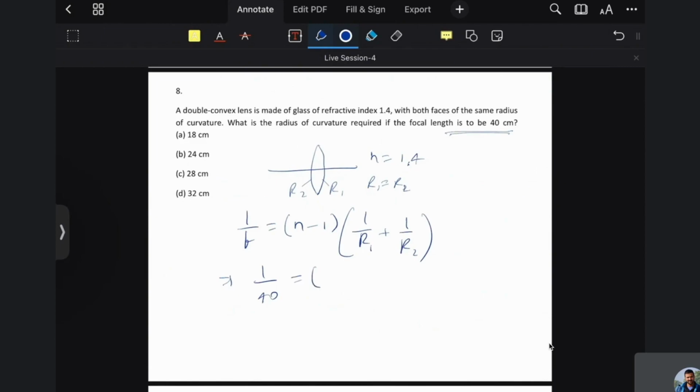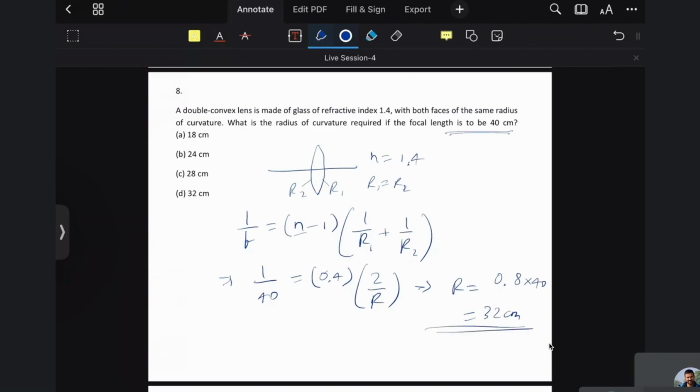We know the refractive index is 1.4, so 1.4 minus 1 is 0.4, and R1 and R2 are the same, so we can just put it as 2 by R. And we can calculate for R, which will be simply 0.8 into 40, which is 32 centimeter, correct?